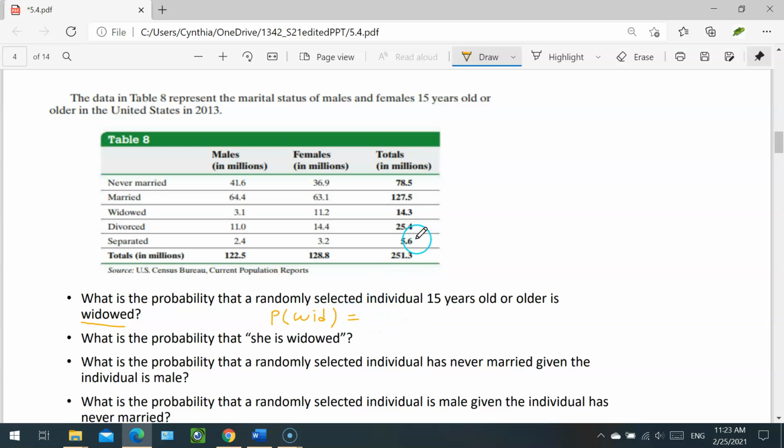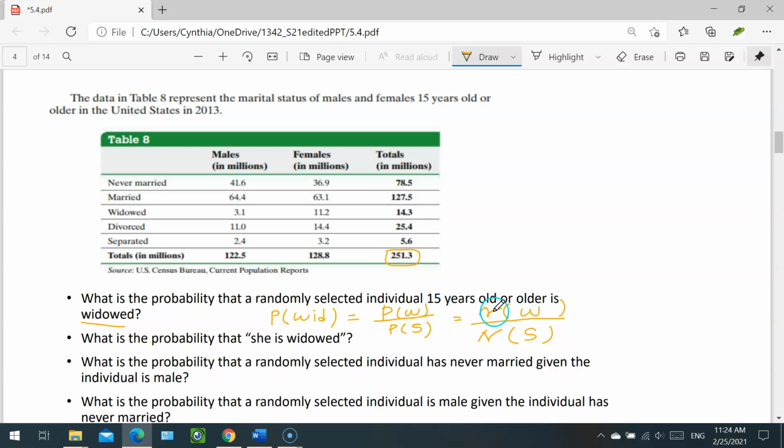Now finding the probability depends on the information we have. We can use the number of widowed divided by the total sum, which means the sample space we have. So this will be the sample space, the total, right? Or another way you can get that probability would be to use the probability of the widowed divided by the probability of the total sample space.